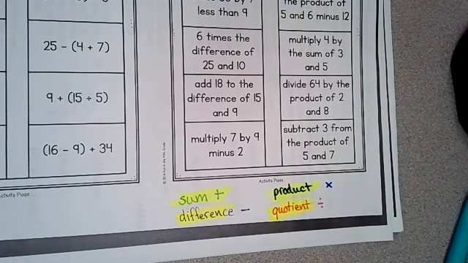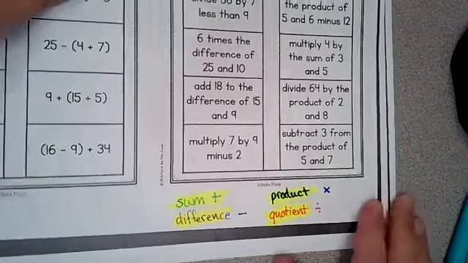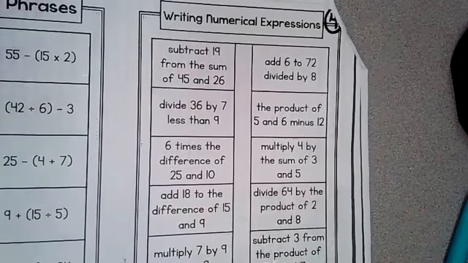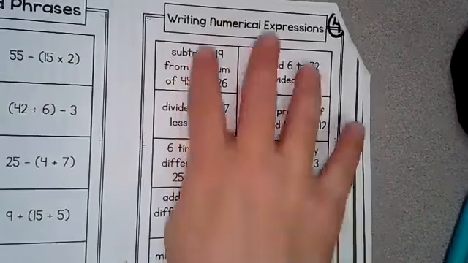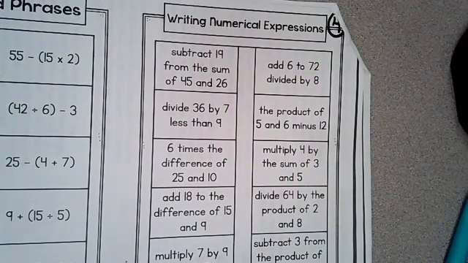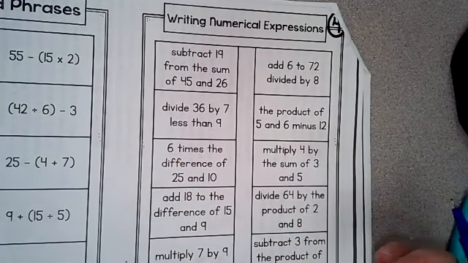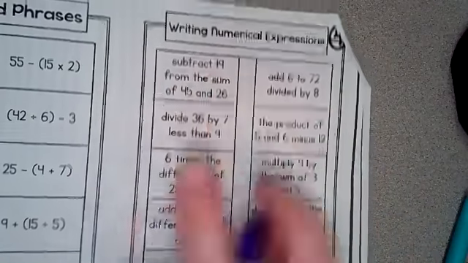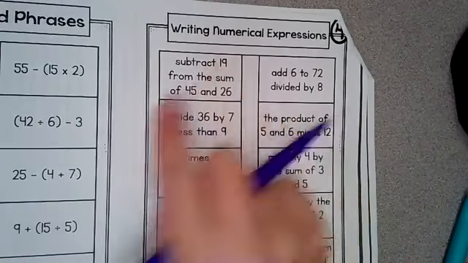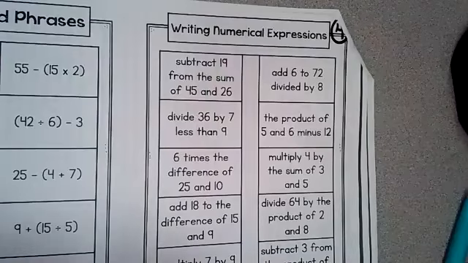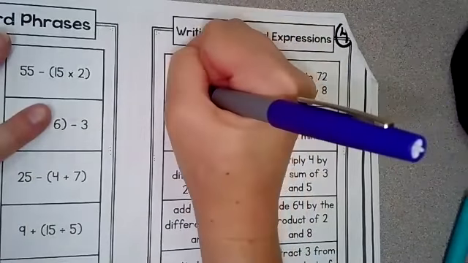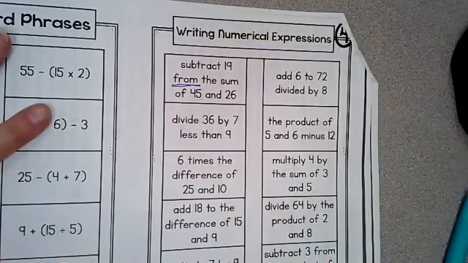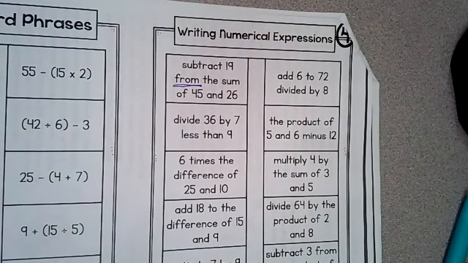The first thing we're going to do today is work on writing expressions from ones that are written out like this. I've got my little purple pen here, and I'm going to write what they are underneath them. Here, we have to subtract 19 from the sum of 45 and 26.